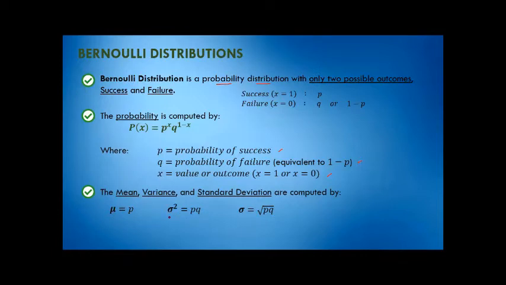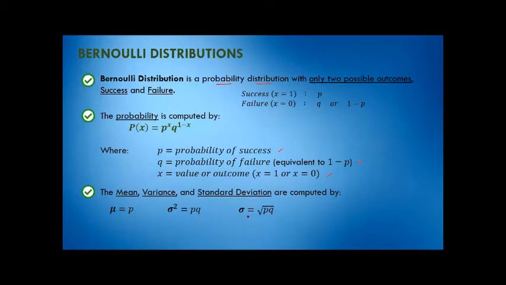For the variance, we have sigma squared is equals to P times Q. So ang ibig sabihin nito is probability of success times the probability of failure. And then of course, the standard deviation is the square root of the variance. So this is variance, this is standard deviation.